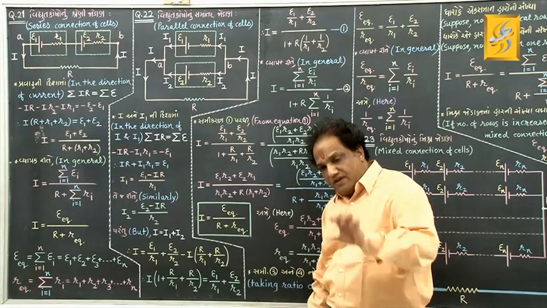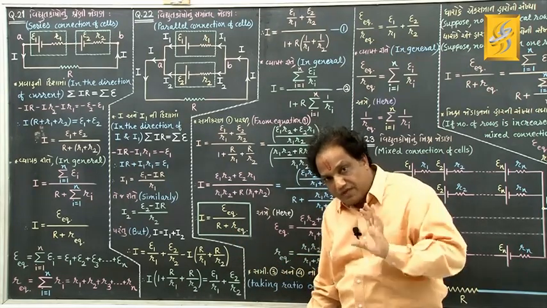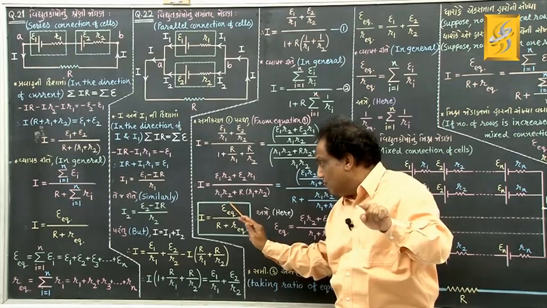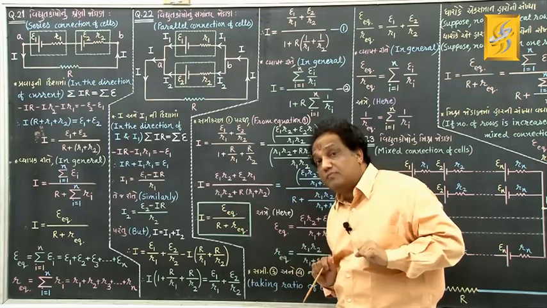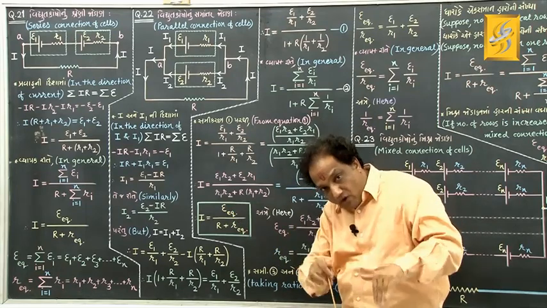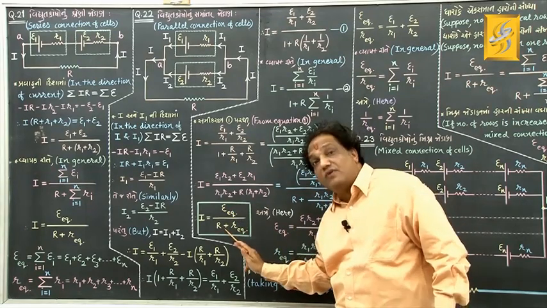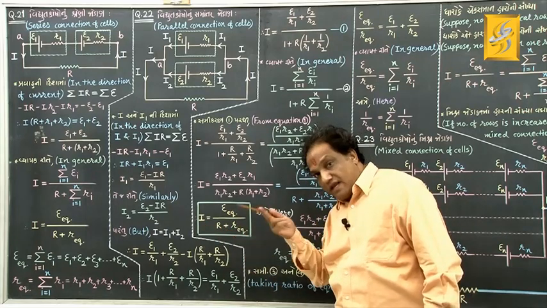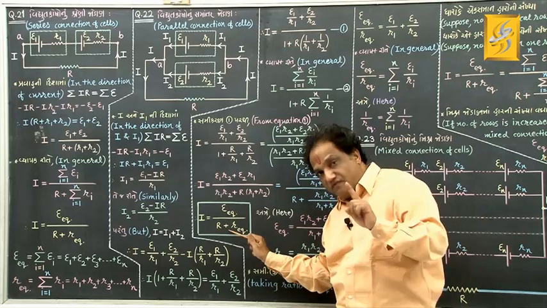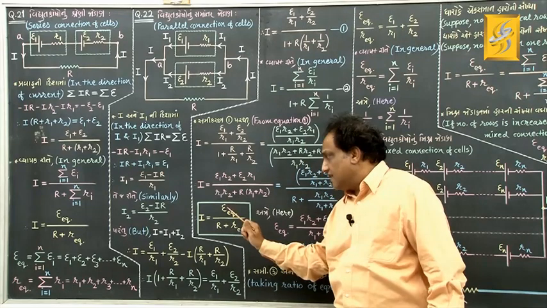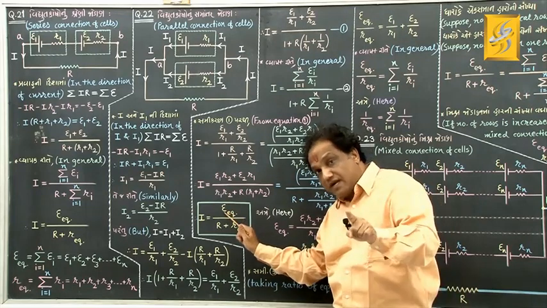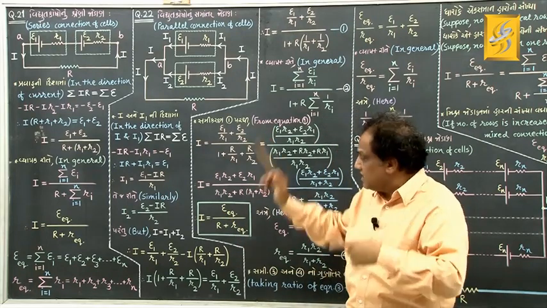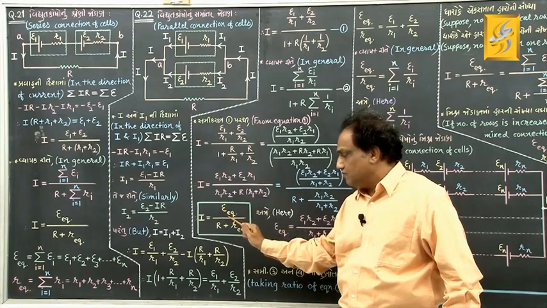Then tell me, if current is equal to something upon something, that something in the numerator must be EMF, and something in the denominator must be equivalent resistance, correct. So if in the denominator you are finding equivalent resistance, then that something in the numerator must be indicating some effective EMF. That effective EMF in this case I am showing by symbol EEQ, correct.